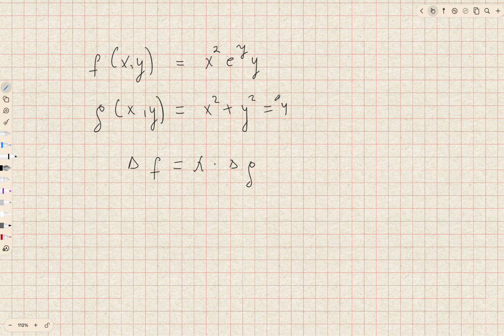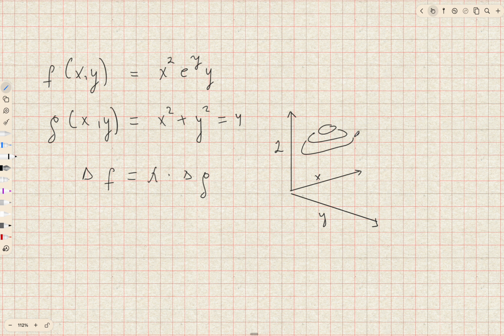And let's say we have a surface like this. This is the surface that we have. I know it looks terrible, but this is the best I can do. So you can think of it as a surface in a three-dimensional space.